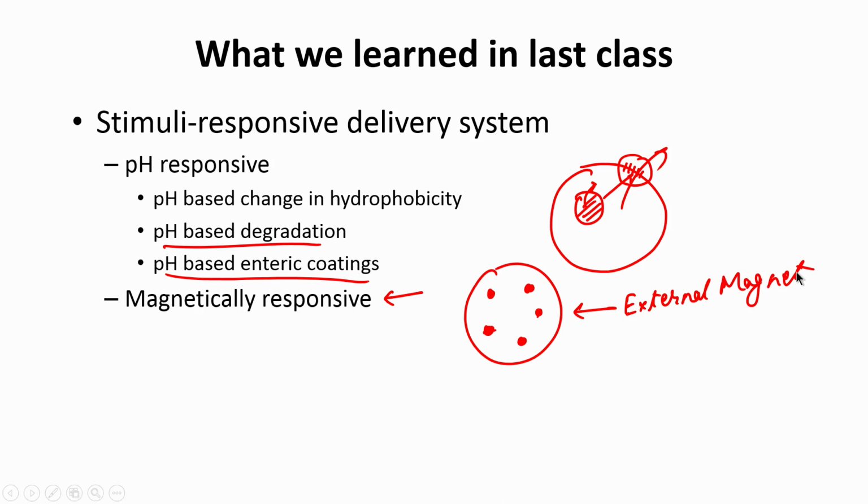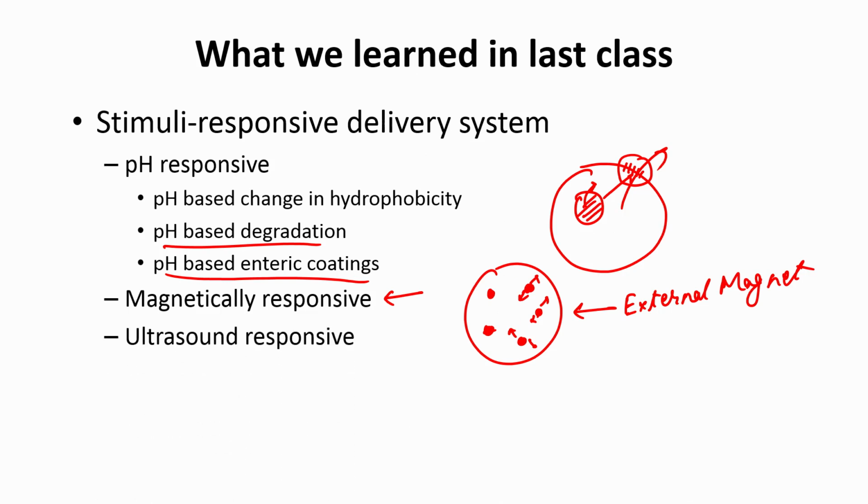So, let us say it is under my skin and I give an oscillating magnetic field over my skin, all of these will start to vibrate, and because of that they will cause enhanced penetration of the solvent from outside as well as enhanced diffusion of whatever was encapsulated inside the system.